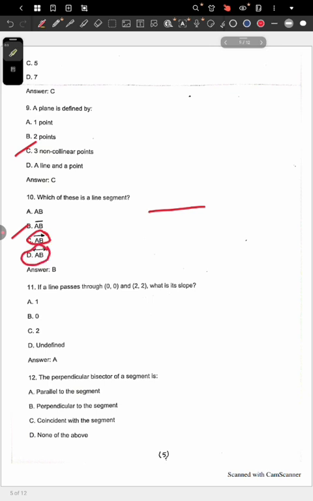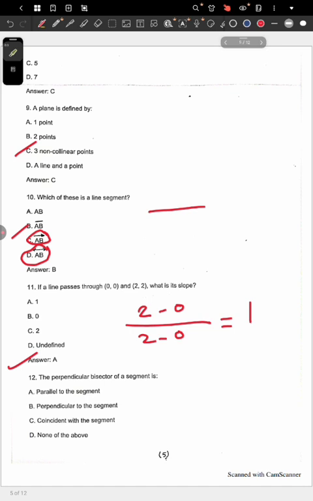If a line passes through 0, what's the slope? Slope means 2 minus 0 over 2 minus 0, which equals 1. That's the answer. 12: the perpendicular bisector of a line segment is perpendicular to the segment.